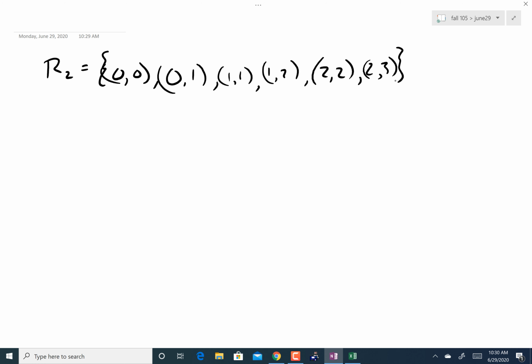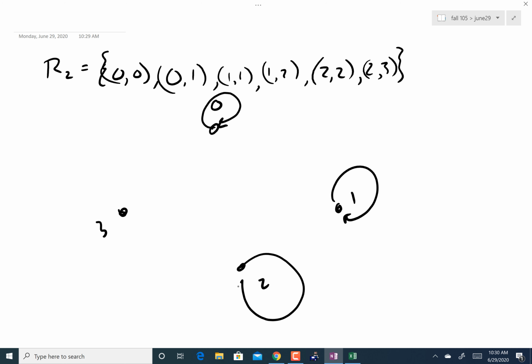Okay, so what I want to know is this. First of all, draw a directed graph. All right, cool. I can do this. 0, 1, 2, 3. So 0,0. 1,1. Awesome. 2,2. Nice. Uh-oh. There's no 3,3. So it's not reflexive.